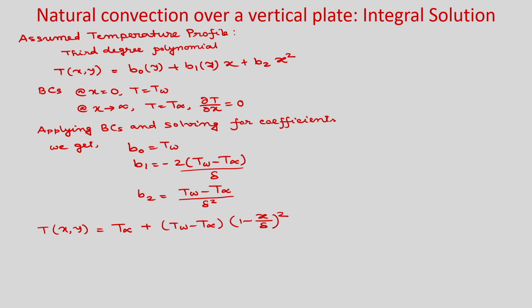So, now we have assumed the velocity profile as well as the temperature profile. Now, we want to put these profiles into the integral equations. Okay. So, because you have the momentum equation where you have temperature profile as well as the velocity profile. So, in the momentum integral equation you need the temperature profile as well as the velocity profile. Okay.